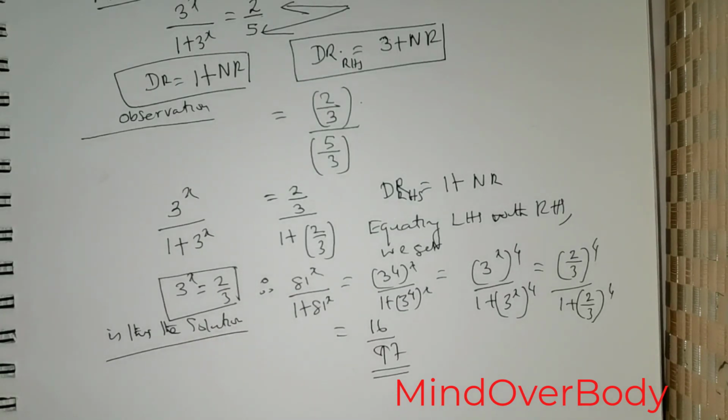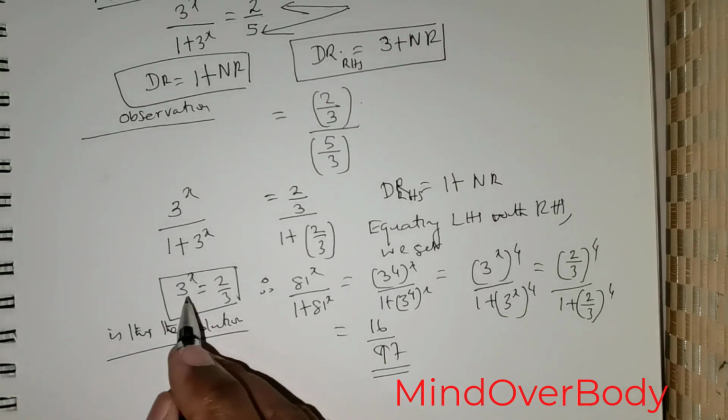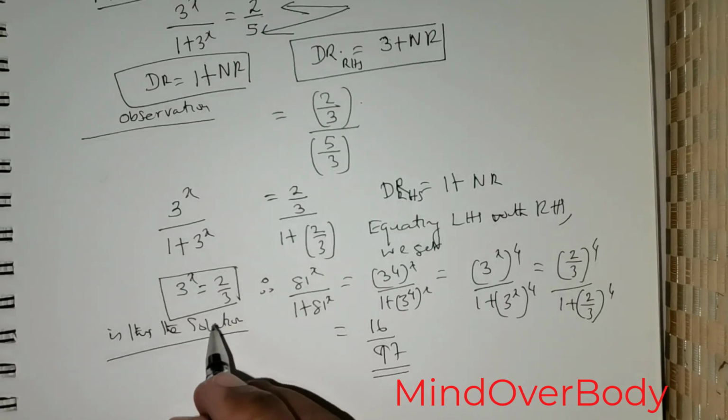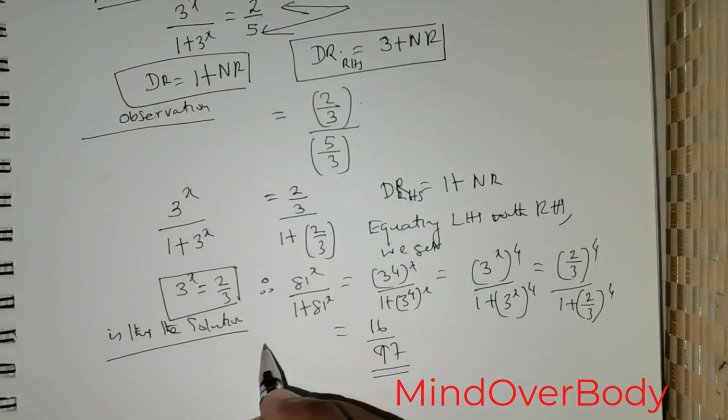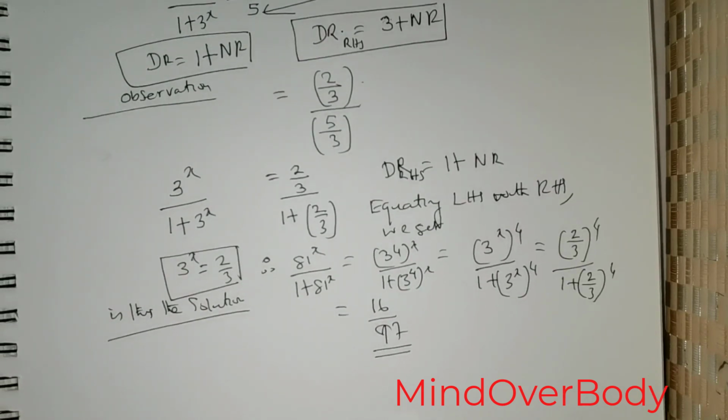We can just find the value of x using that simple algebraic technique. But to make sure that 3 raised to the power of x equal to 2 over 3 is the only solution is the ultimate point that has to be taken into consideration. So that would completely finish the problem off from top to bottom. So that is our objective. So I'm just going to show you that.